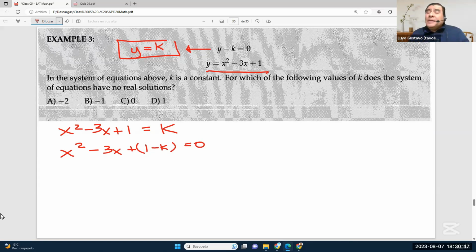If we want to make sure that this equation at the bottom doesn't have any real solutions, what condition about the discriminant should we check? What should the discriminant be like in order not to exist any real solutions?